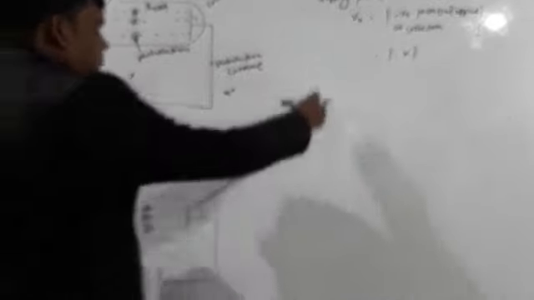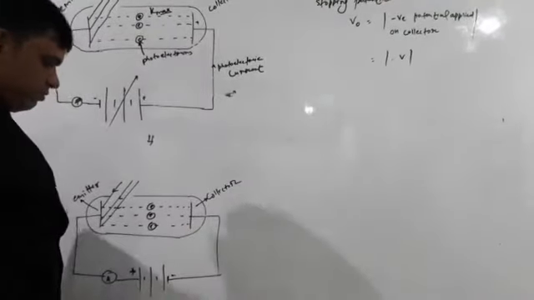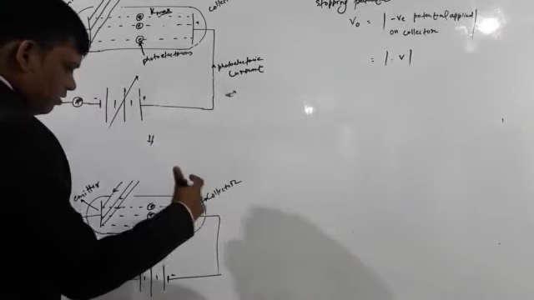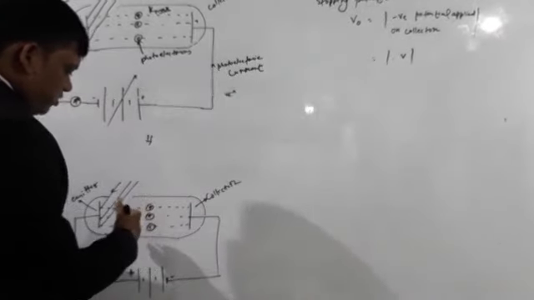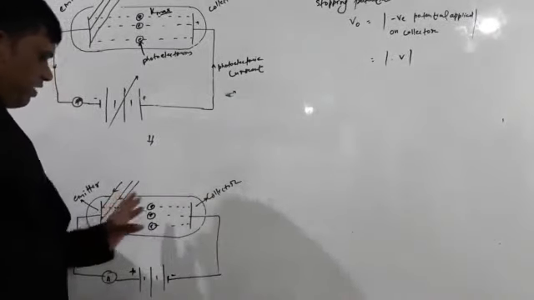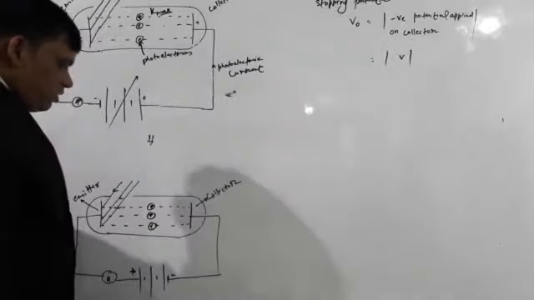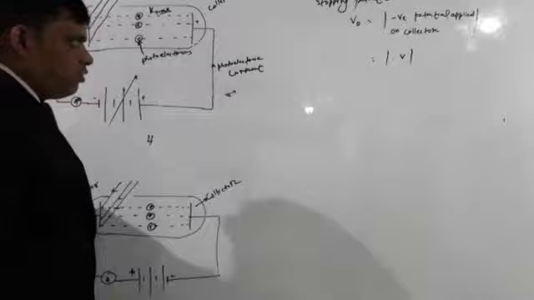So when the stopping potential is applied on the collector, the collector will repel the photoelectrons, due to which the kinetic energy of the photoelectron will not be sufficient to reach the collector. Therefore, Kmax, the maximum value of the kinetic energy, will be equal to eV naught.